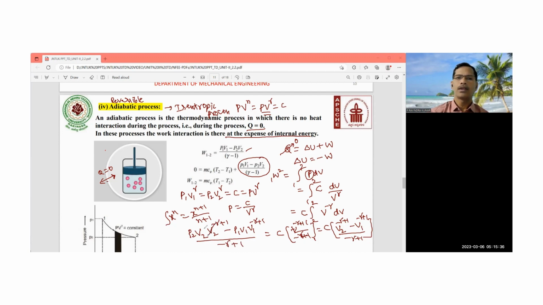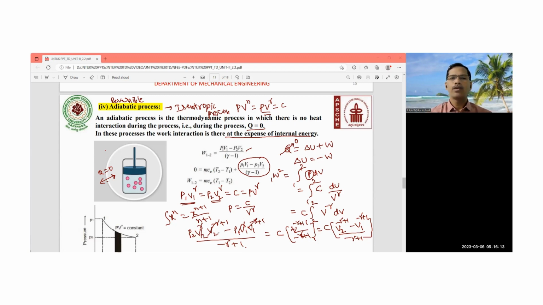Since this is also gamma, because it is P1 V1 to the power of gamma, this is getting cancelled and this is also getting cancelled. So finally you get P2 V2 minus P1 V1 divided by minus gamma plus 1, right? When you arrange the terms, you will get P1 V1 minus P2 V2 by gamma minus 1, right?